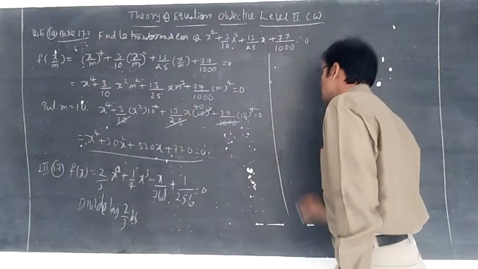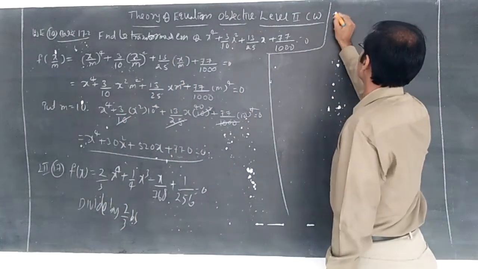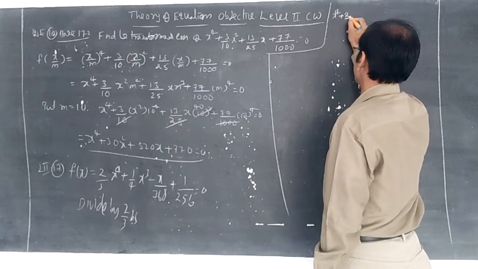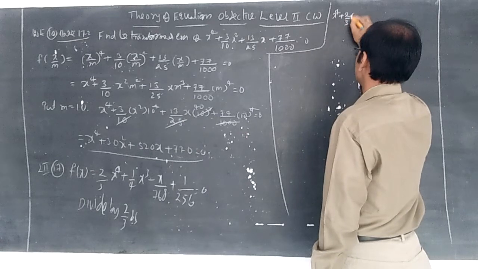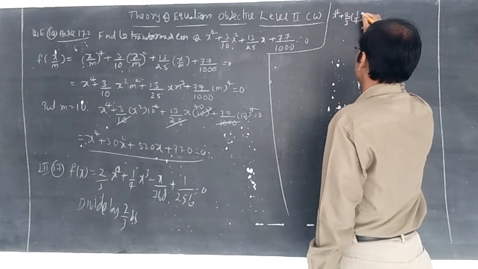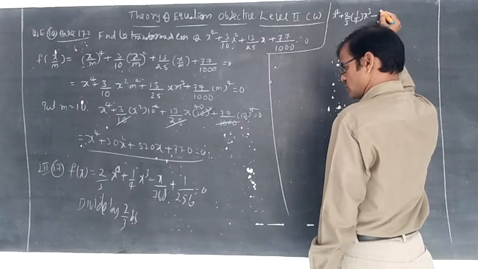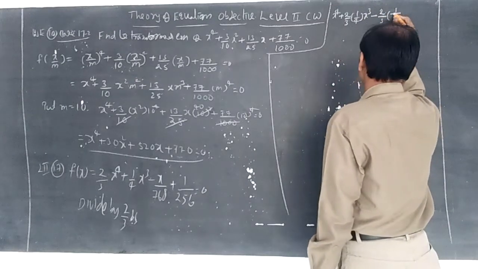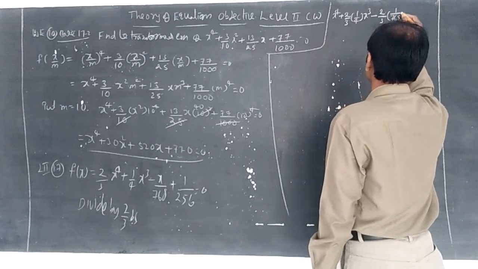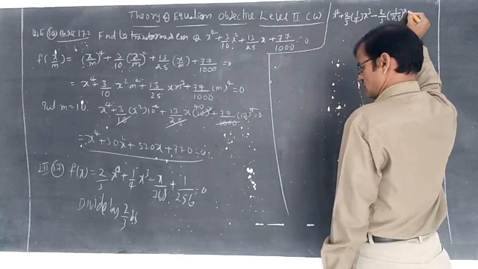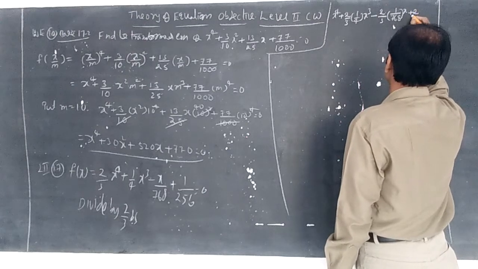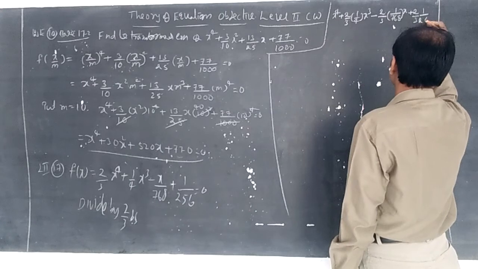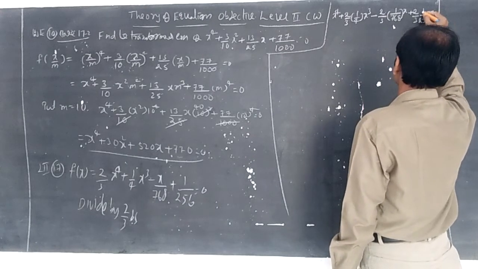Then we can write here x power 4 plus 2 by 3 into 1 by 4 x cube minus 2 by 3 into 1 by 768 x plus 2 by 3 into 1 by 256 equal to 0.